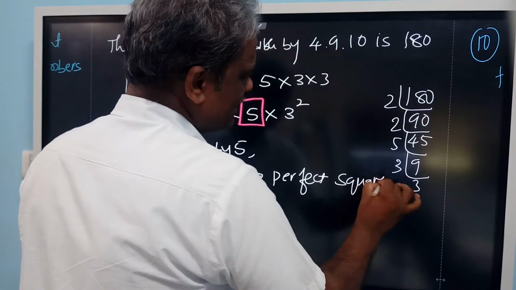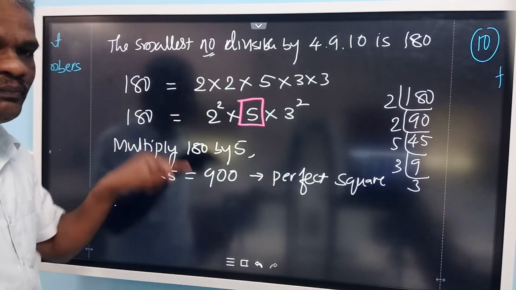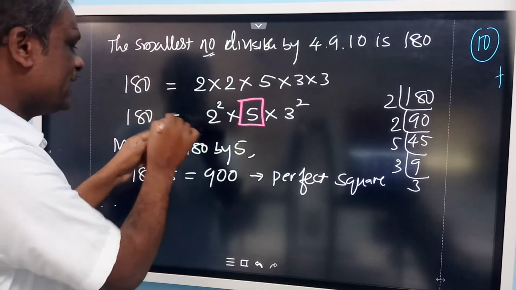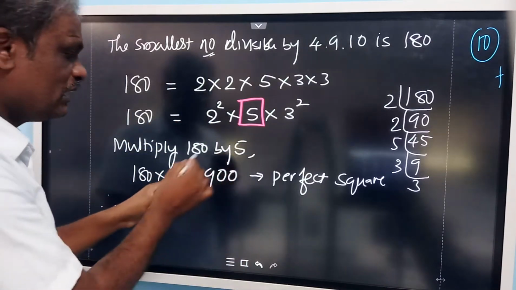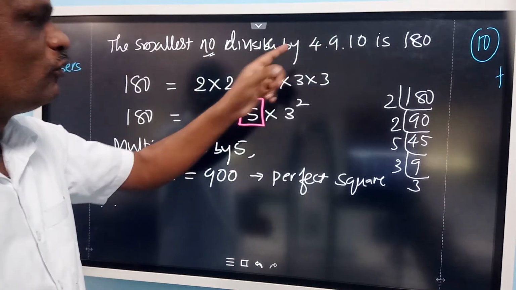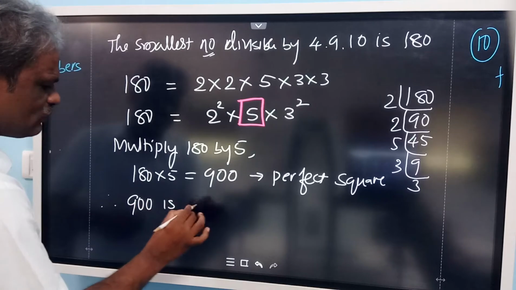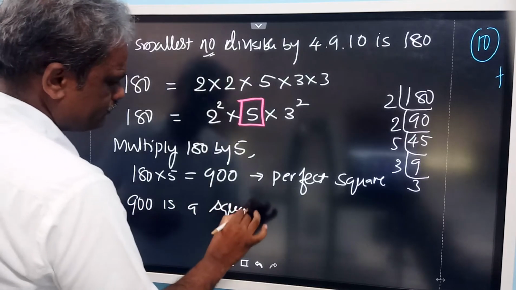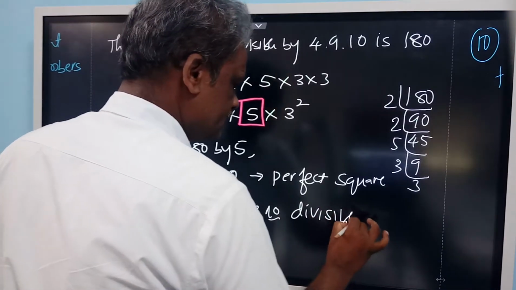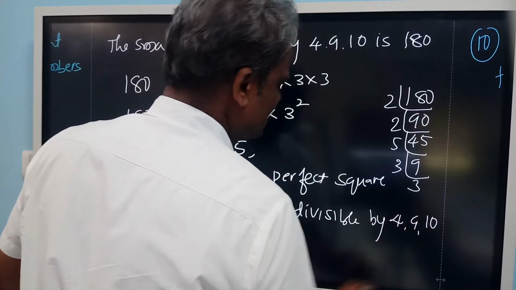This is the smallest number. See, 180 is divisible by 4, 9 and 10, and 180 is multiplied by 5. So therefore 900 is a square number, and it is also divisible by 4, 9 as well as 10.